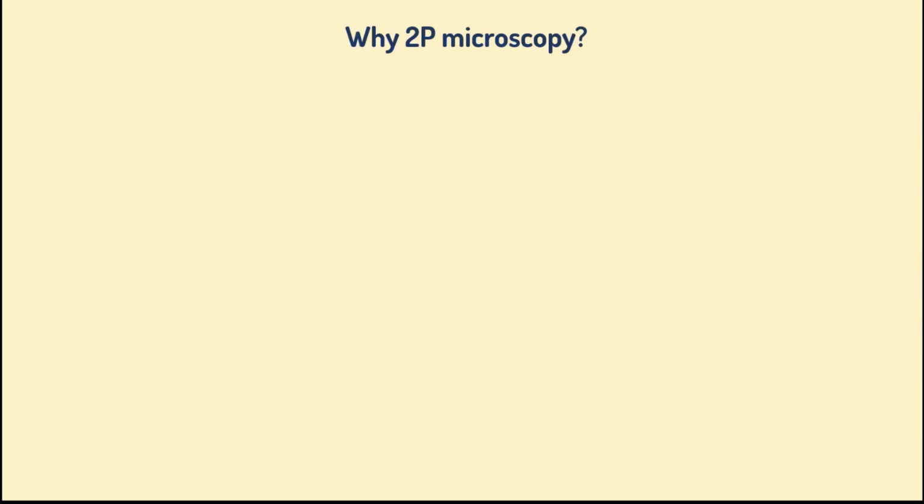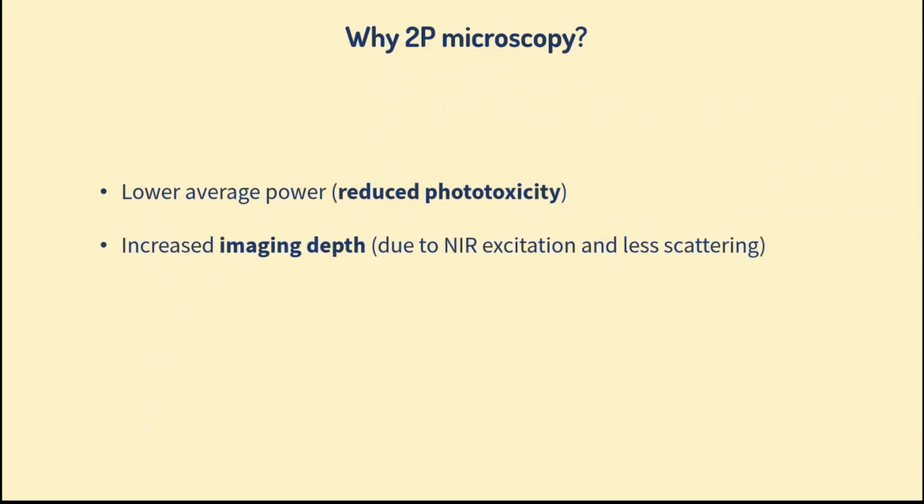So why two-photon microscopy? With all I have explained until now, two-photon microscopy will give us lower average power. This means reduced phototoxicity, and this is key. For example, I study microglia, and if you give microglia a lot of light, it will become reactive. So you can use confocal, but you will have problems.